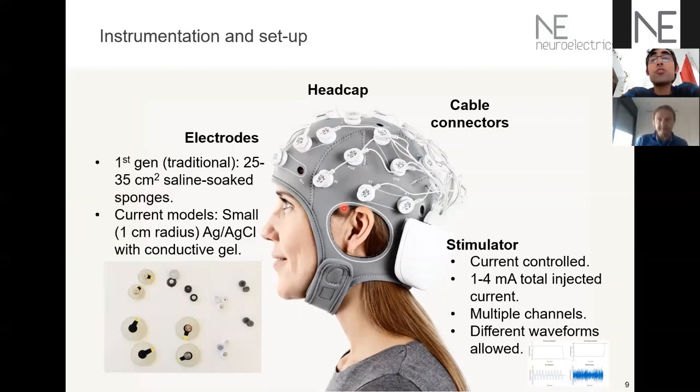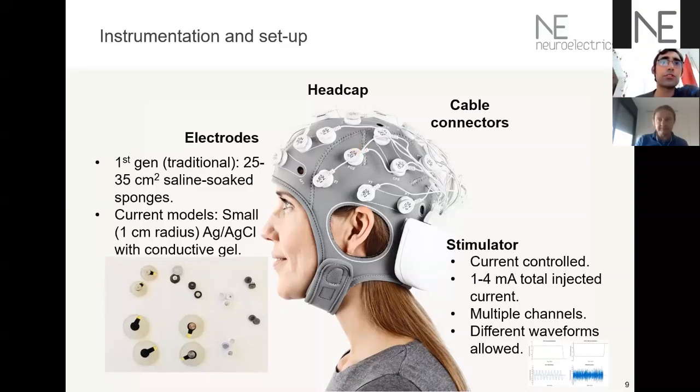So the electrodes that you see here in this picture are actually very small electrodes, 1 centimeter radius, and they are metallic electrodes. They're made of silver, silver chloride, and they have a conductive gel located underneath. Conductive gel is just a conductive material that is really important to make sure that stimulation can happen, and I will describe the reason for that in a future slide.